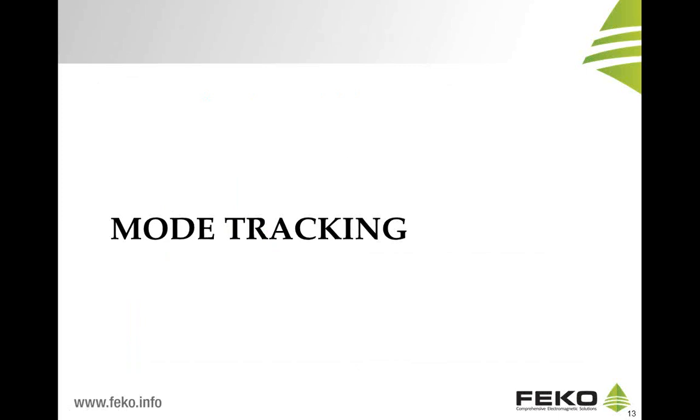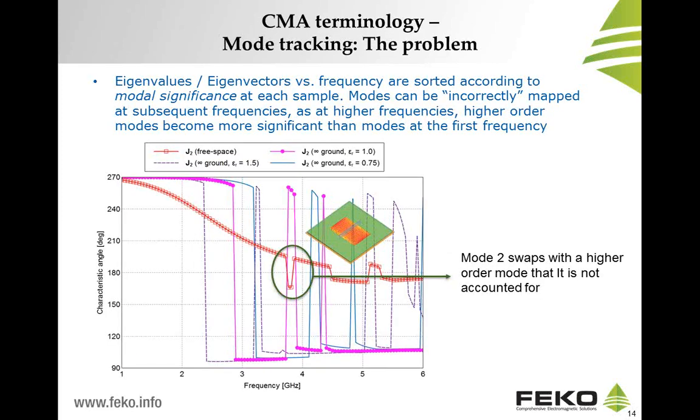Now, as I mentioned, I would like to discuss a topic called mode tracking with you. The concept of mode tracking can be explained by looking at a graph like this, which shows the characteristic angle as a function of frequency, but for a more complex example, which is a patch antenna on a dielectric substrate.